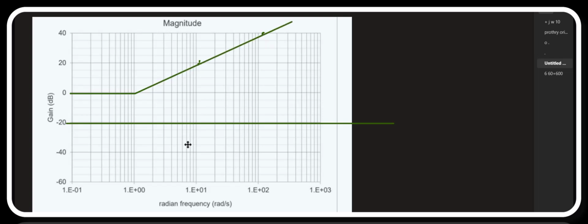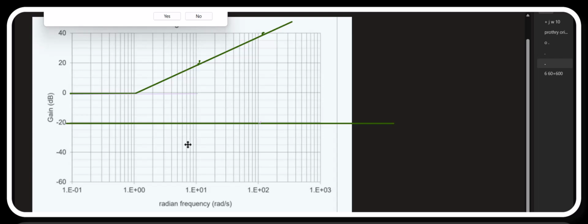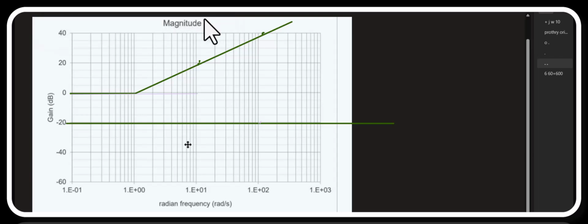And then we had a simple pole with a corner frequency 10, so there'll be 0 until you get to 10, and then a slope of negative 20. And then we had another simple pole with corner frequency 100, so that'd be 0 until you get to 100, and then a slope of negative 20 after that.